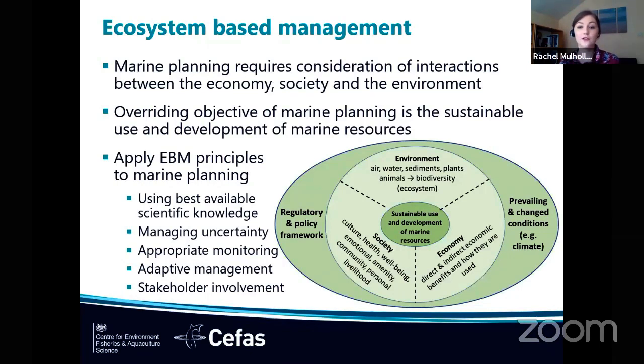And it's also essential to understand the effectiveness of the current regulatory and policy framework for each of these elements to determine if and how changes to management could be made, including relationships between land and sea as well.